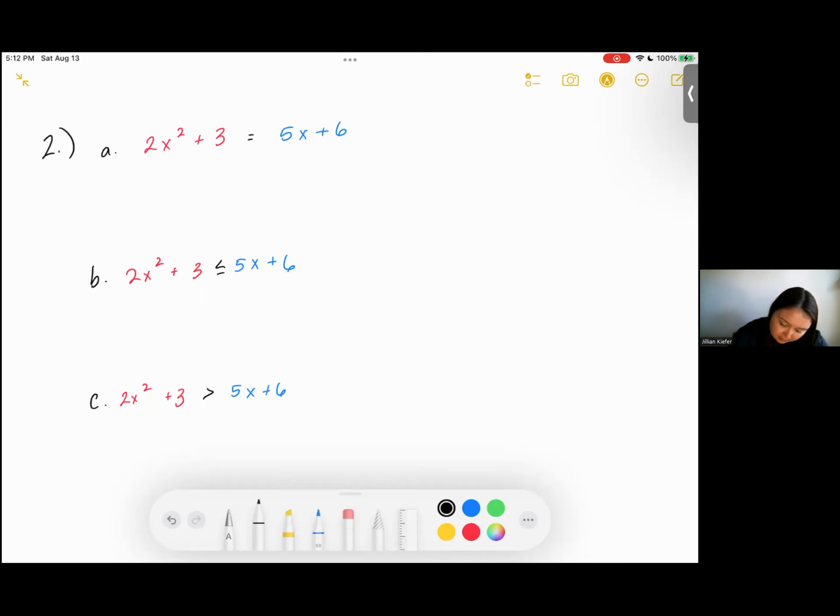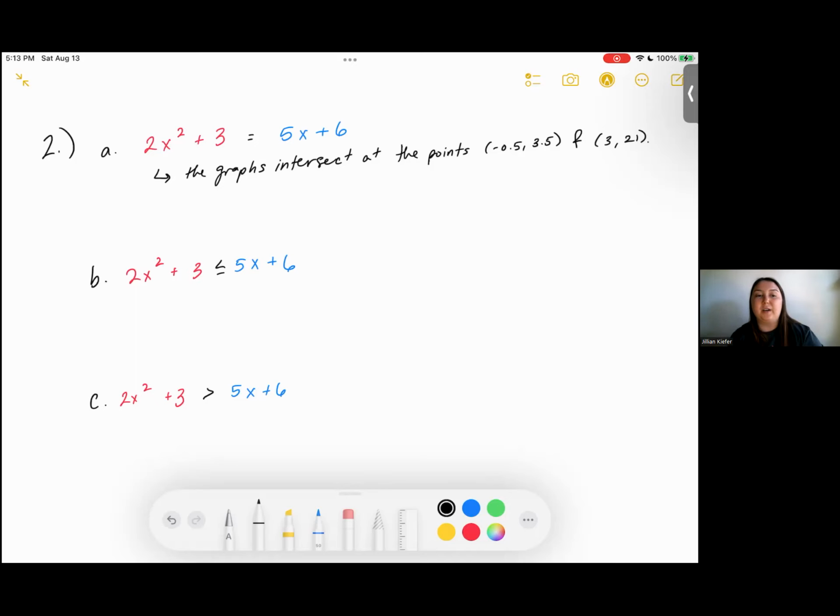So in this first answer, we're going to say the graphs intersect at the points (-0.5, 5.5) and, that's my symbol for and, I don't know, sometimes it looks a little funny, that's what I mean when I write that symbol, it means and, (3, 21). So that's where these 2 graphs intersect.